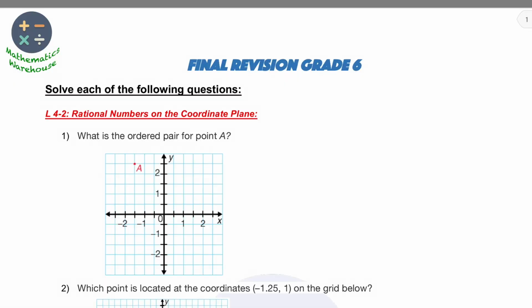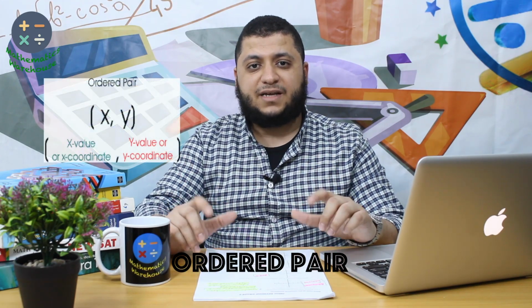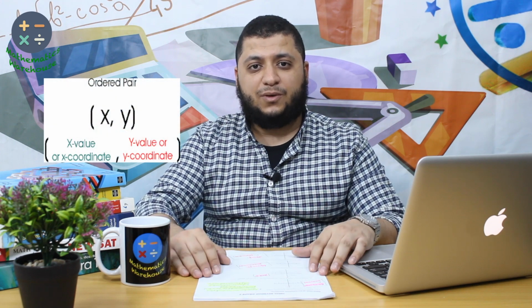First question: what is the ordered pair for the point A? As we know, any point on the coordinate plane can be represented by the coordinates x and y, such that the first component x comes from the horizontal axis and the second component y comes from the vertical axis.